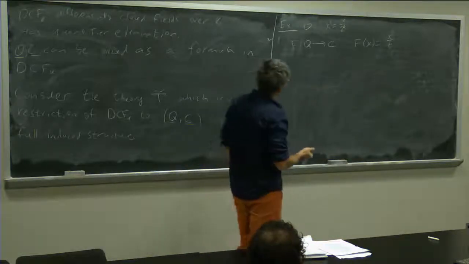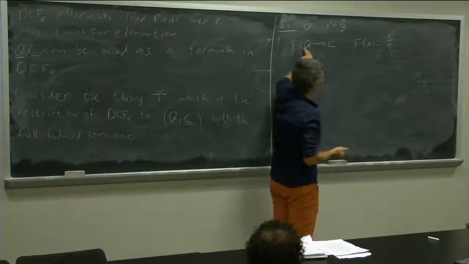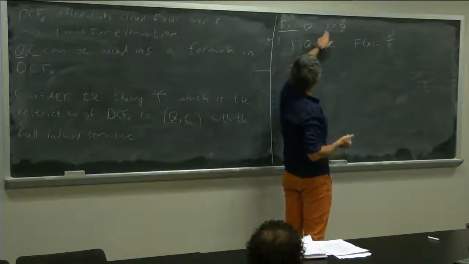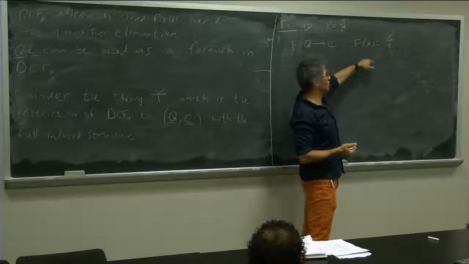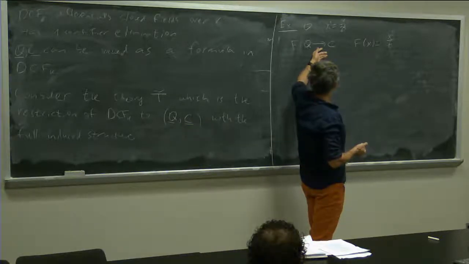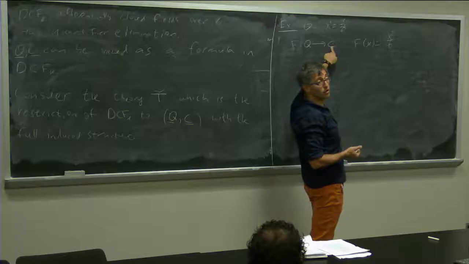Okay, so this is some function. Of course, if I take, for example, any order 1 differential equation, I can look at this function. But in general, this function is not going to go into C.